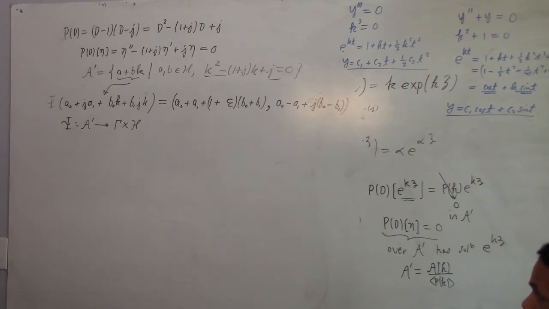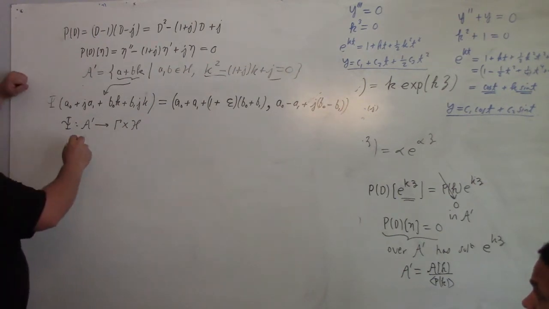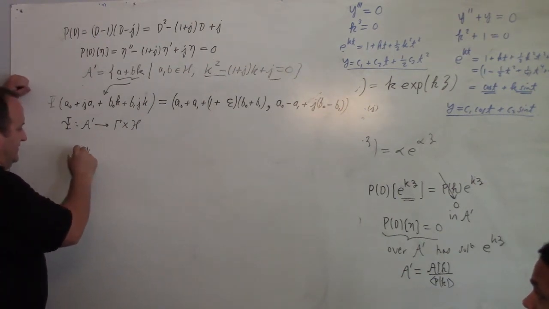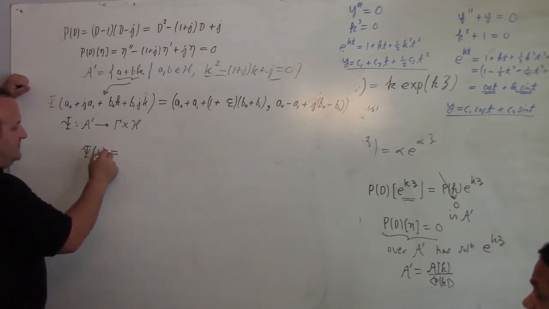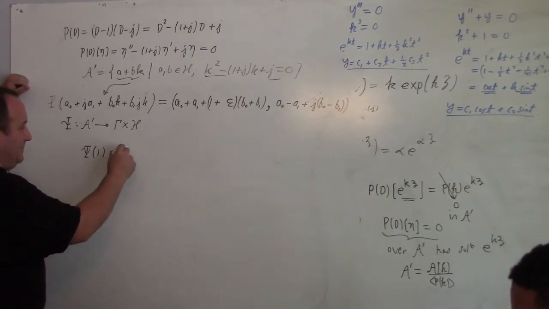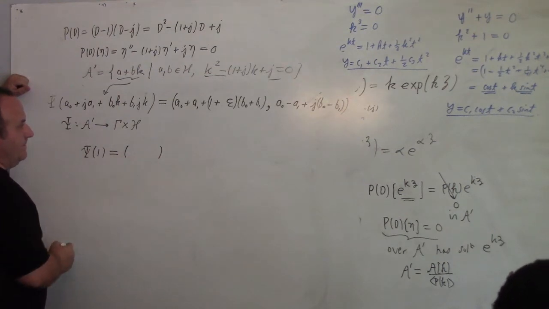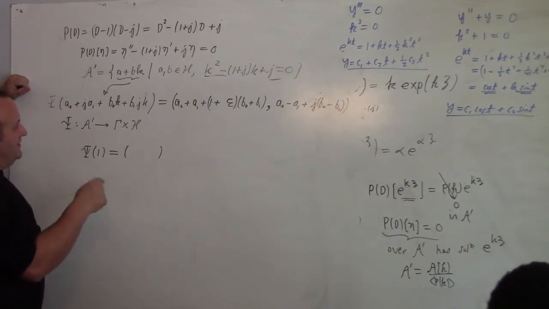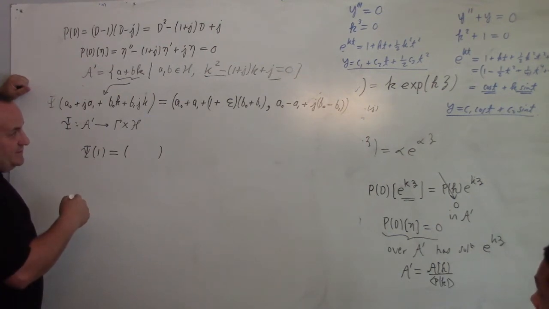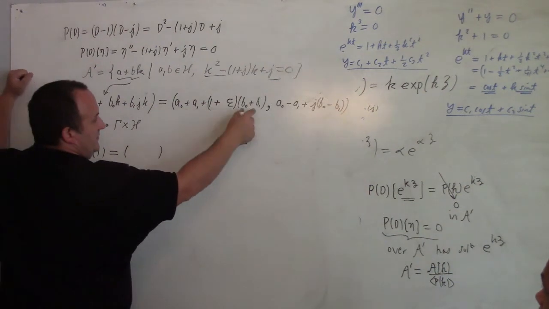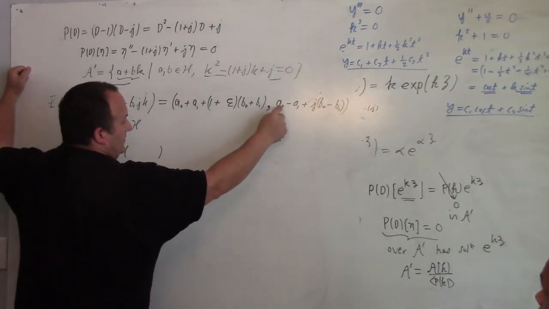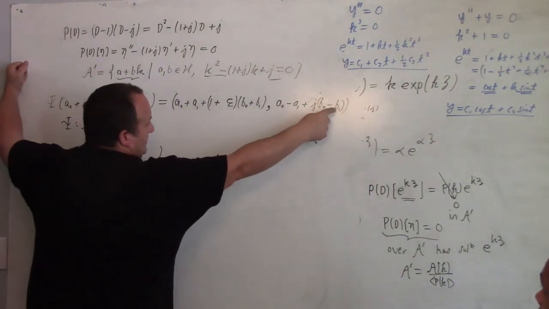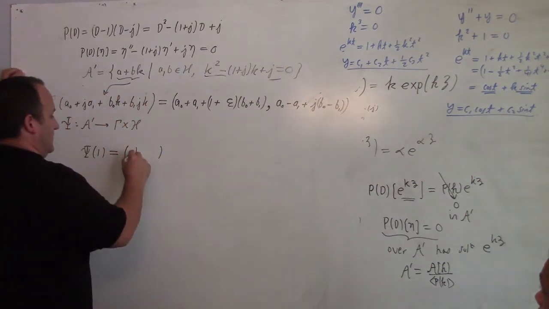So I guess first order of business, if this is right, psi of 1 had better be 1, 1, right? Yes. So A1 is 0, A1, B naught, B1 all 0. So 0, 0, 0, 0, 0, so just 1, 1. It's a good sign.